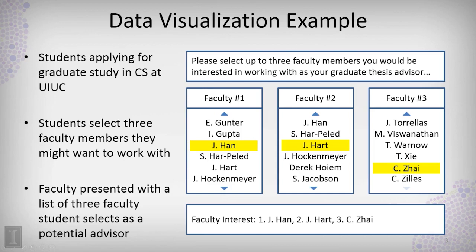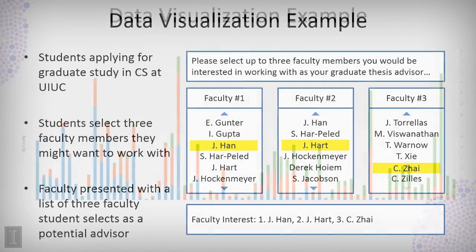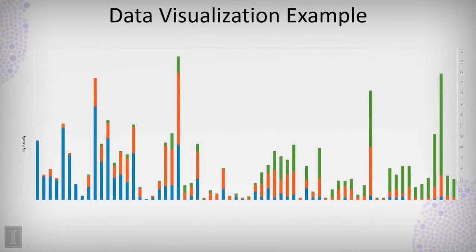And so I used a data visualization tool in order to do this. And I came up with a standard bar chart. And horizontally, these are basically the different faculty members. Some faculty members are in our department, and some are affiliated with our department, and some get more students interested in working with them, and some get fewer.